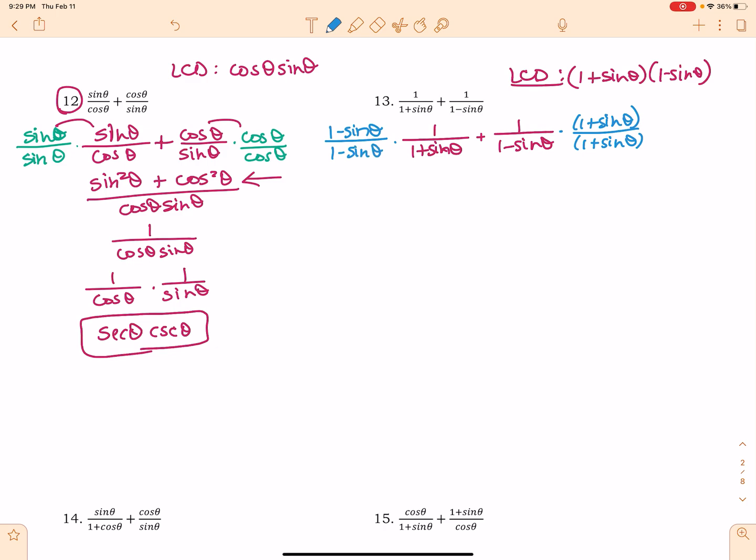And then, of course, I am going to simply multiply that. So 1 minus sine theta times 1 is 1 minus sine theta. 1 times 1 plus sine theta is 1 plus sine theta. All over my LCD.